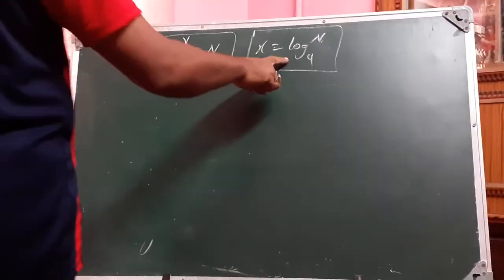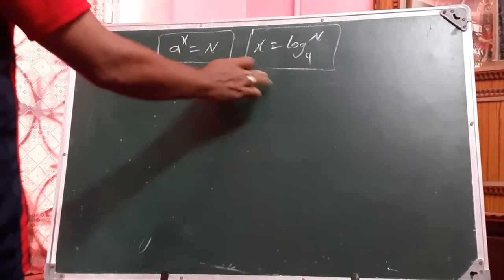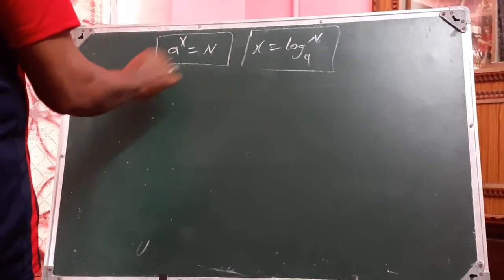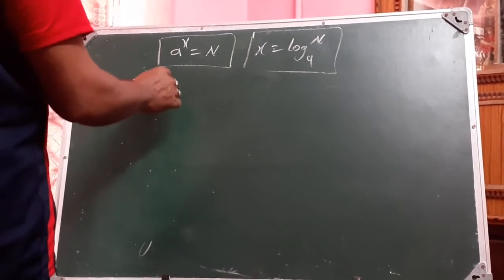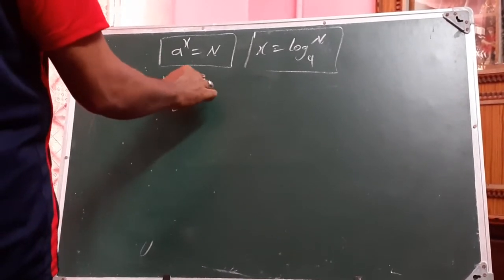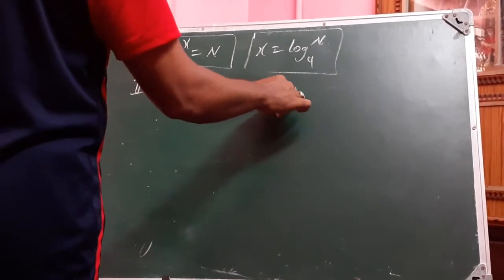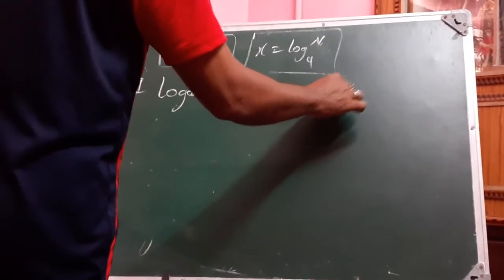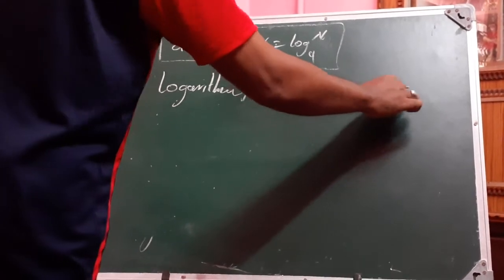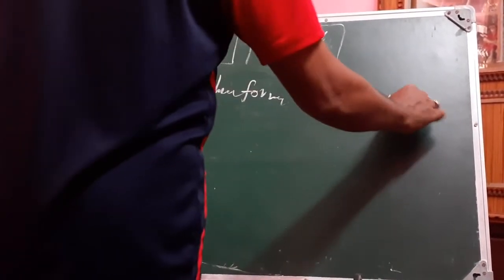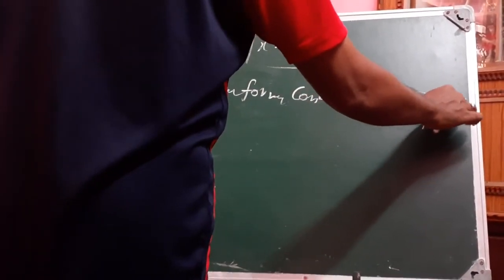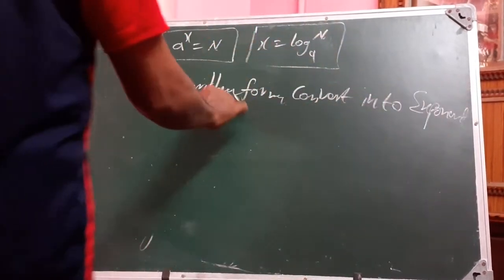Okay, now next model. Given logarithmic form, convert into exponent form. Second one, logarithm form, convert into exponent form.